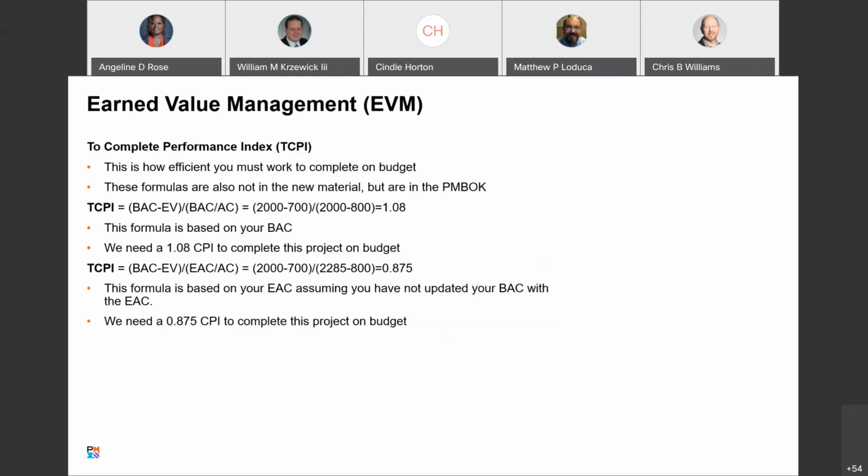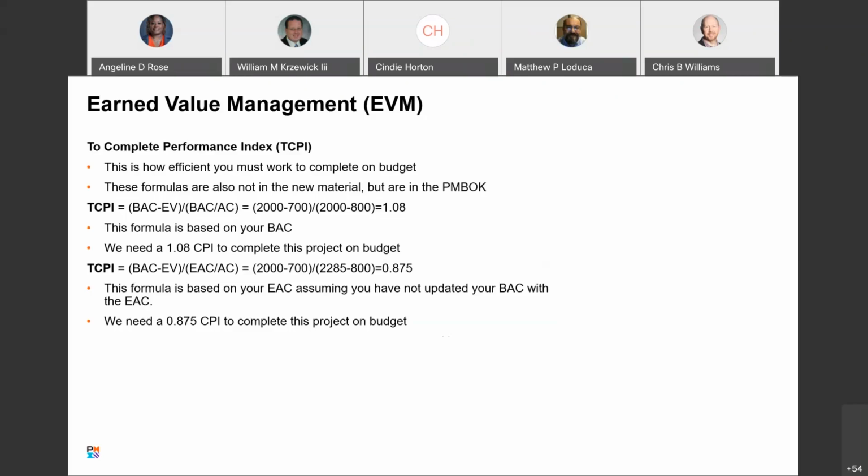Okay, so then we have TCPI another way, which is based off of EAC, estimate at completion, which is our revised budget. And you'll see the way that divides out is 0.875. Since we've adjusted the budget that we need at the end, we don't have to overproduce in order to deliver at the end, because we've adjusted our dollars.